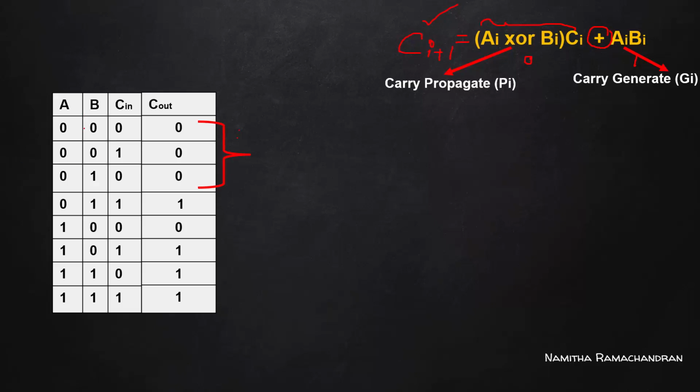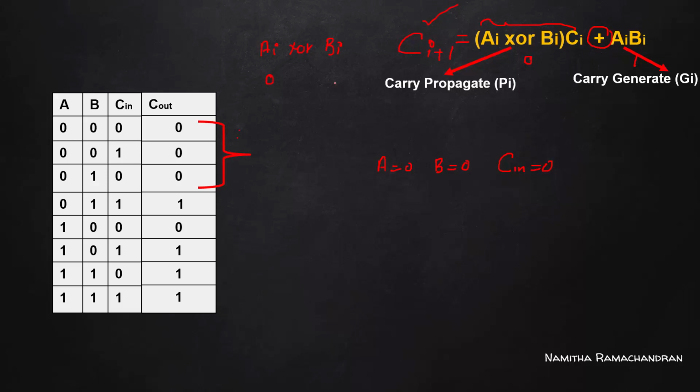So consider these first three input combinations. The first case is A equal to 0, B equal to 0, C in equal to 0. Based on this input combination, consider our expression Ai XOR Bi. We have already learned this operation. Ai XOR Bi becomes 1 if exactly one input equals 1.